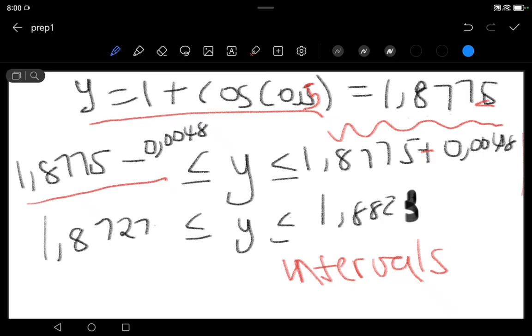When I subtract, I get 1.006, and when I add, I get 1.0084. Yes, we are getting the same.